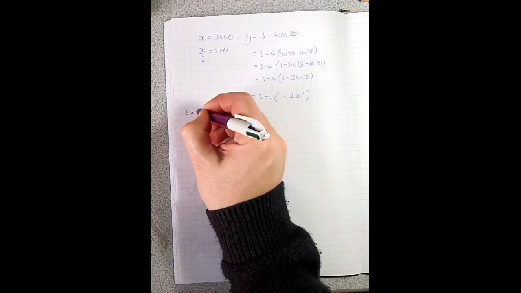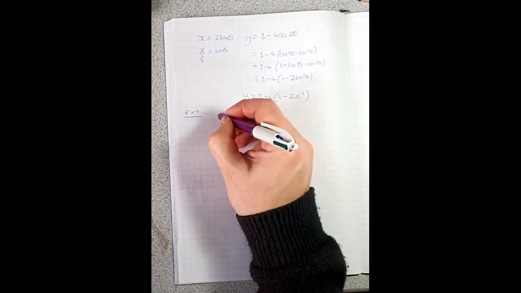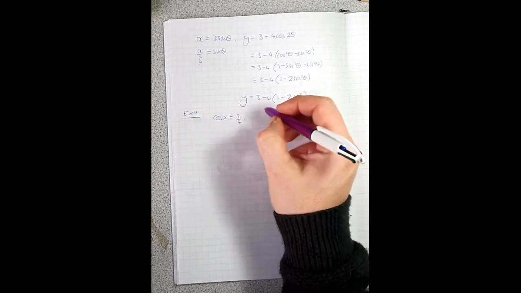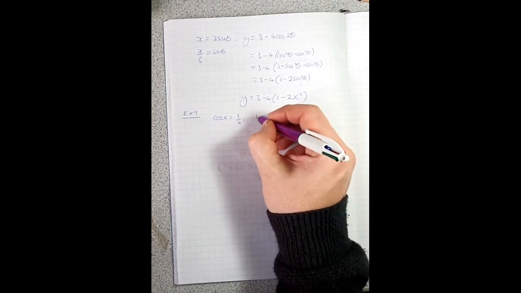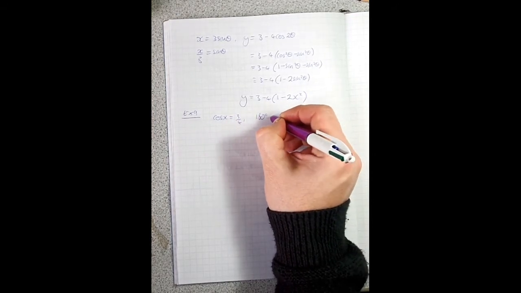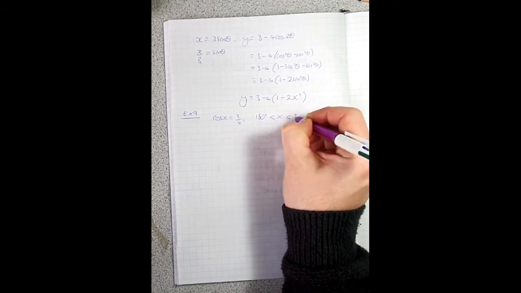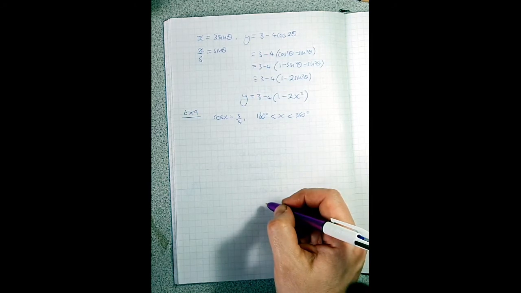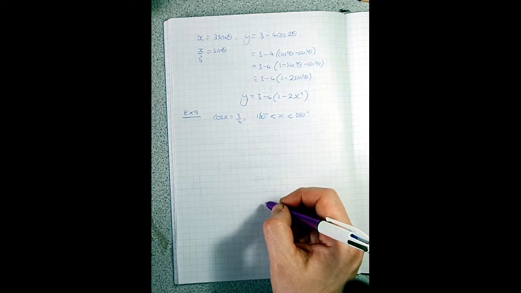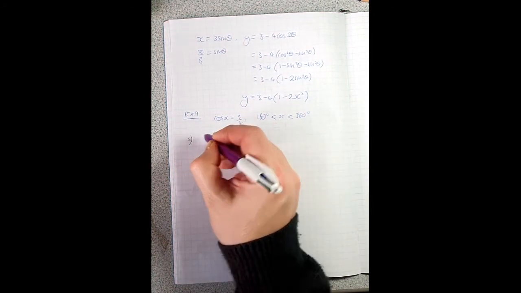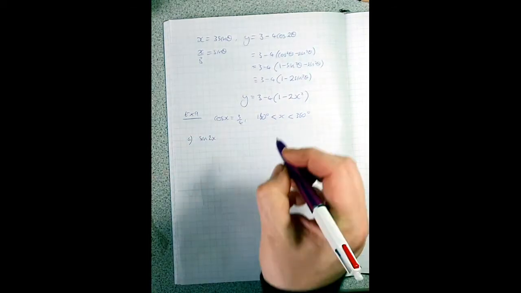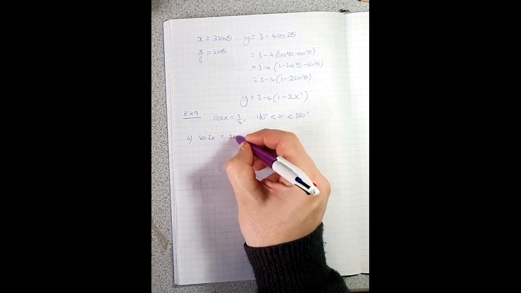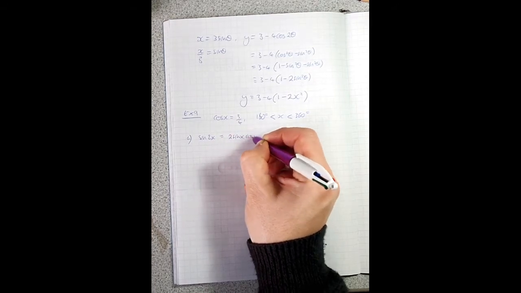Okay, example 9. Given that cos x is 3/4 and that x is between 180 and 360, find the exact value of sine 2x. Well, sine 2x is 2 sine x cos x.